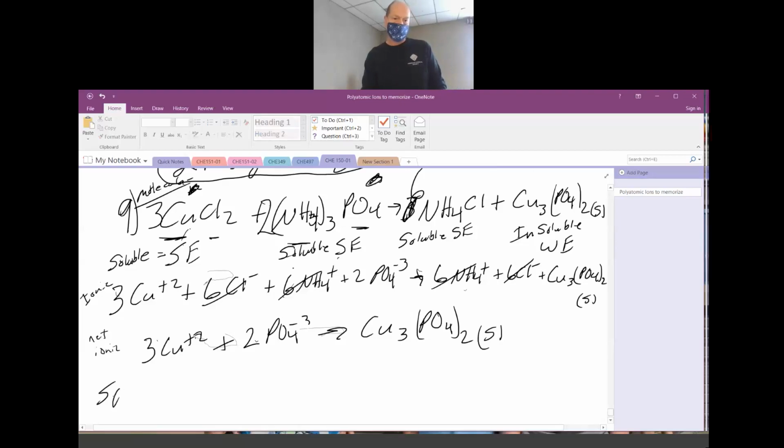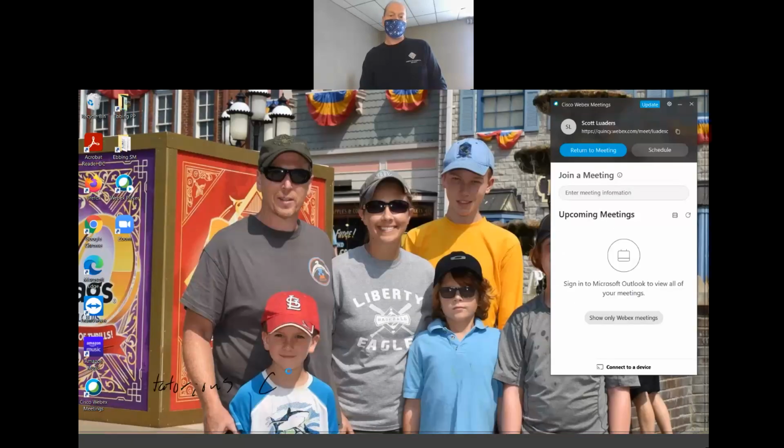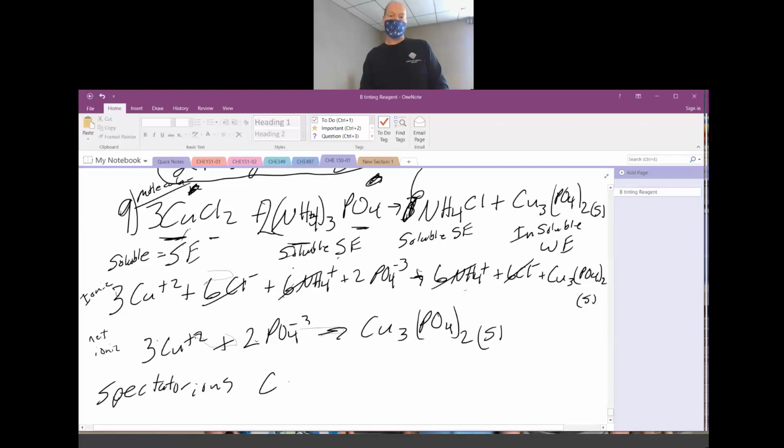So your spectator ions in this problem are the chloride ion, Cl minus, and your ammonium ion, NH4 plus. You do not have to put the 6 in front of the number. If you do, I don't care, but you just need to say what the spectator ions are. That is the Cl minus ion and the NH4 plus ion.